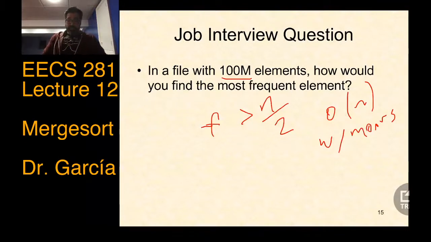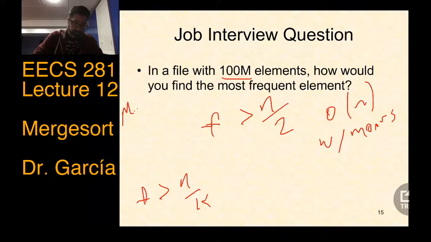And then more generally, if you had the frequency being greater than n over k, there is an algorithm called Misra-Gries. I've never figured out exactly how to pronounce that second part, but I wish I could write it on the slide.